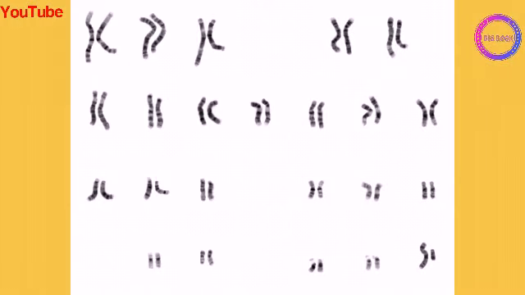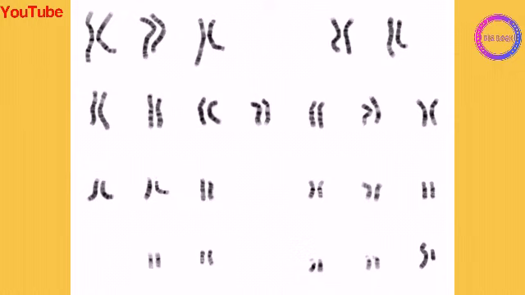In this slide you can observe the human karyotype of a male, where you see the first group, second group, third, fourth, fifth, sixth, and seventh group of chromosomes. This is the karyotype of a male human being, and the last pair of chromosomes is X and Y.